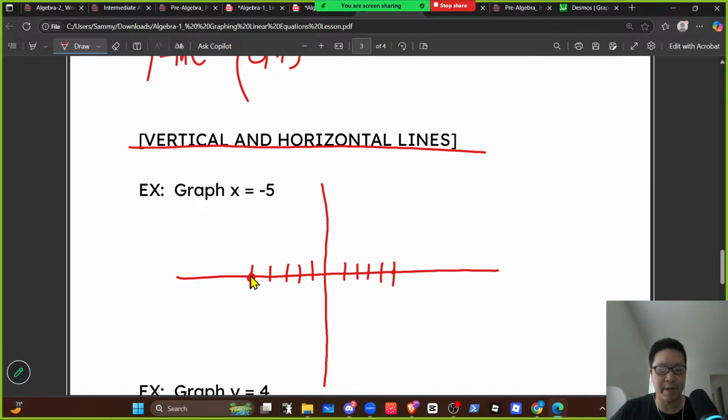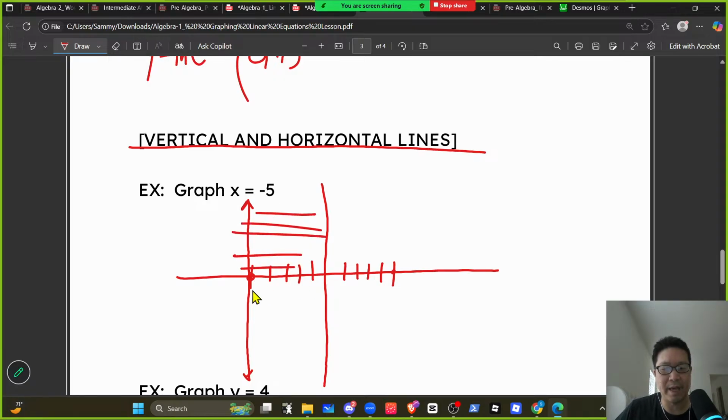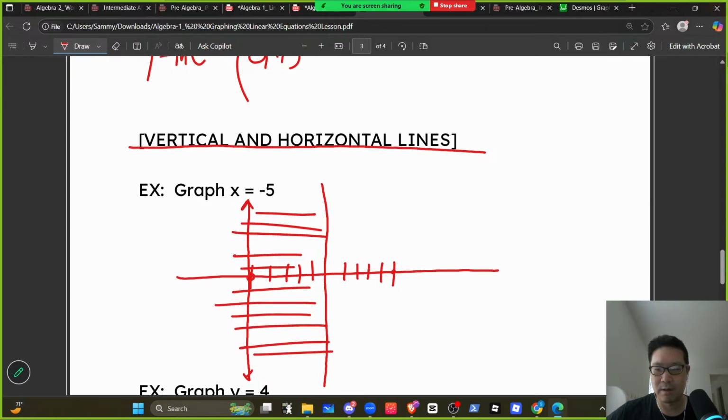Right here is where -5 is. And since there's no y, it's a vertical straight line going up and down. This is saying that for any value of y, x will always be -5.